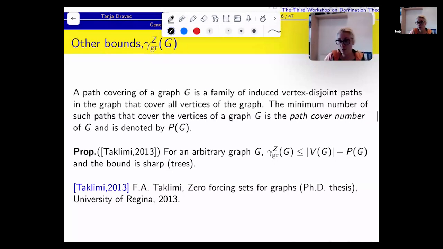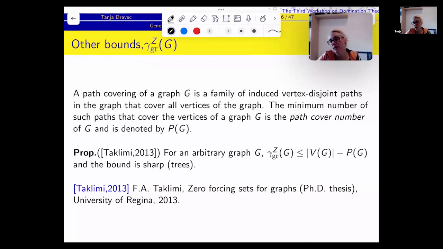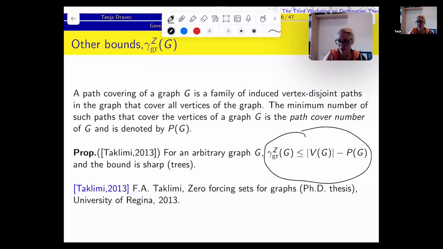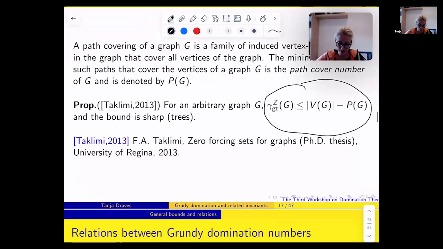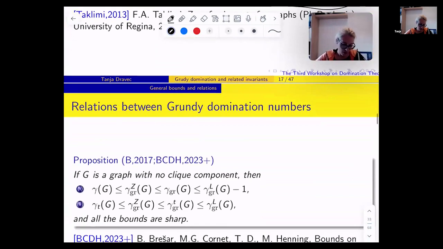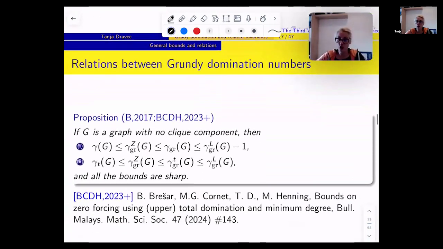This was proved in terms of the zero forcing number. What is written here is just a direct translation from the result proved for the zero forcing number to the Z-Grundy domination number, because as I mentioned earlier, the zero forcing and Z-Grundy domination numbers are somehow dual. So we have this bound.